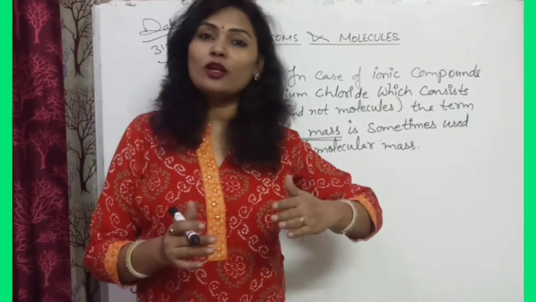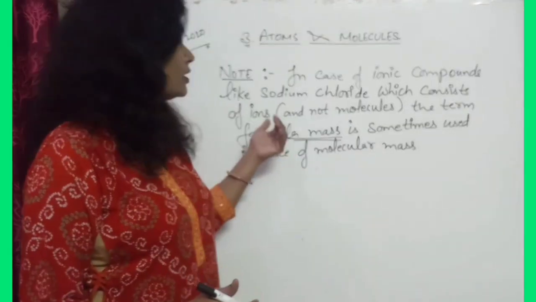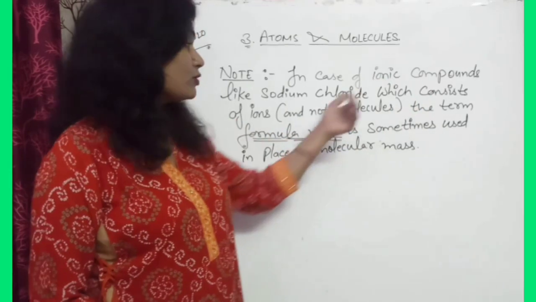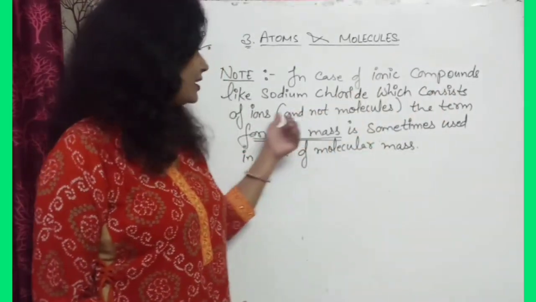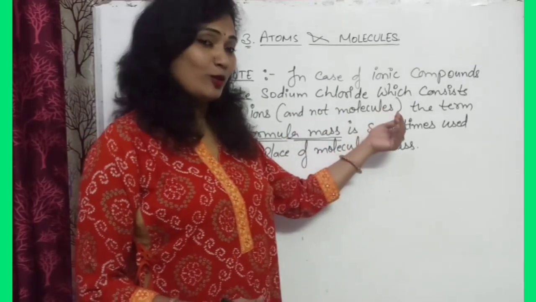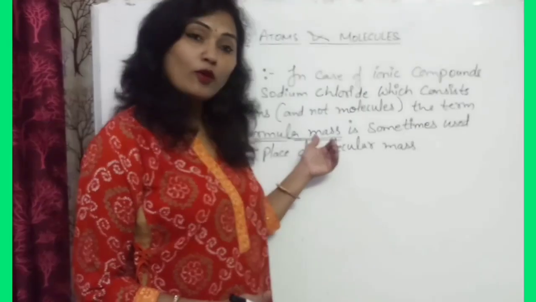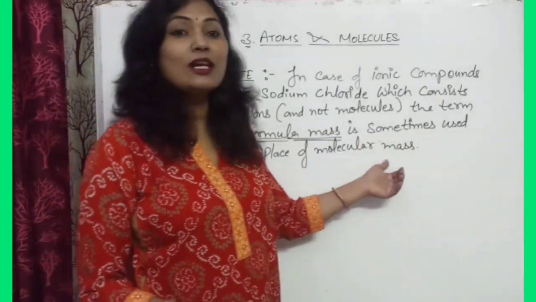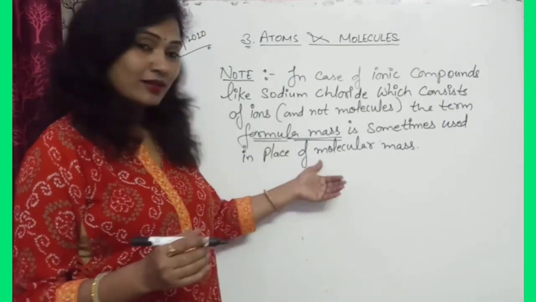In place of molecular mass, we say formula unit mass. You should write this note: in the case of ionic compounds like sodium chloride, which consist of ions and not molecules, the term formula mass or formula unit mass is sometimes used in place of molecular mass. Please remember this note.